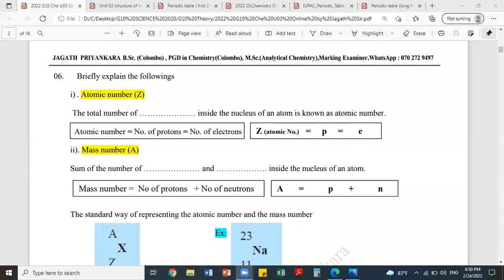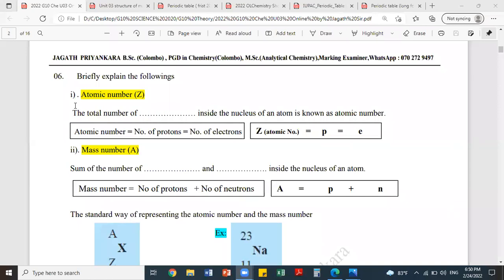Right, now I'll share the screen again. Now let's complete the second one, mass number.